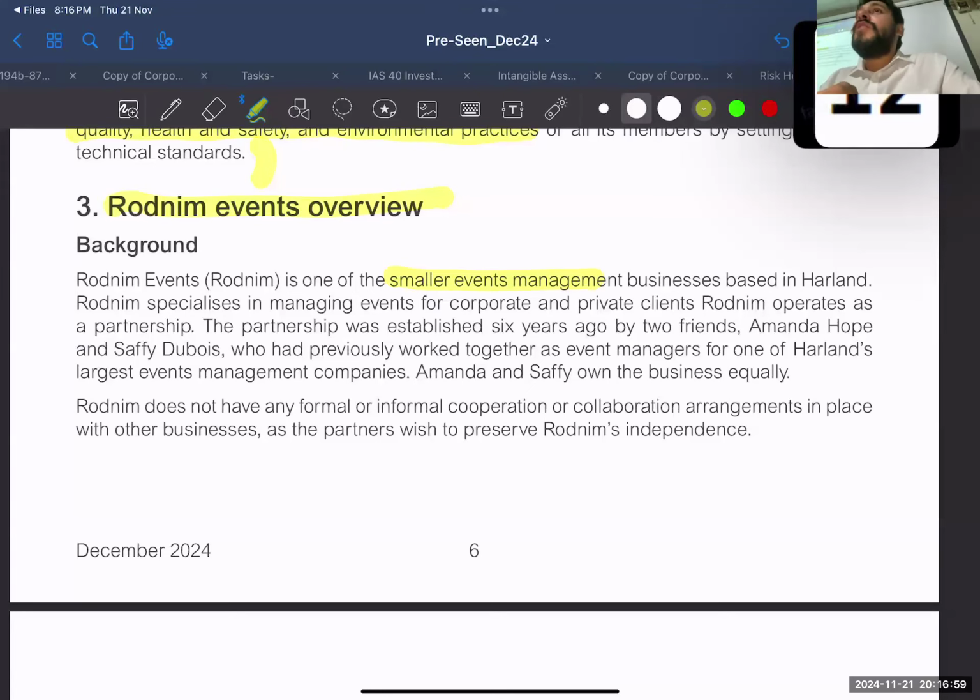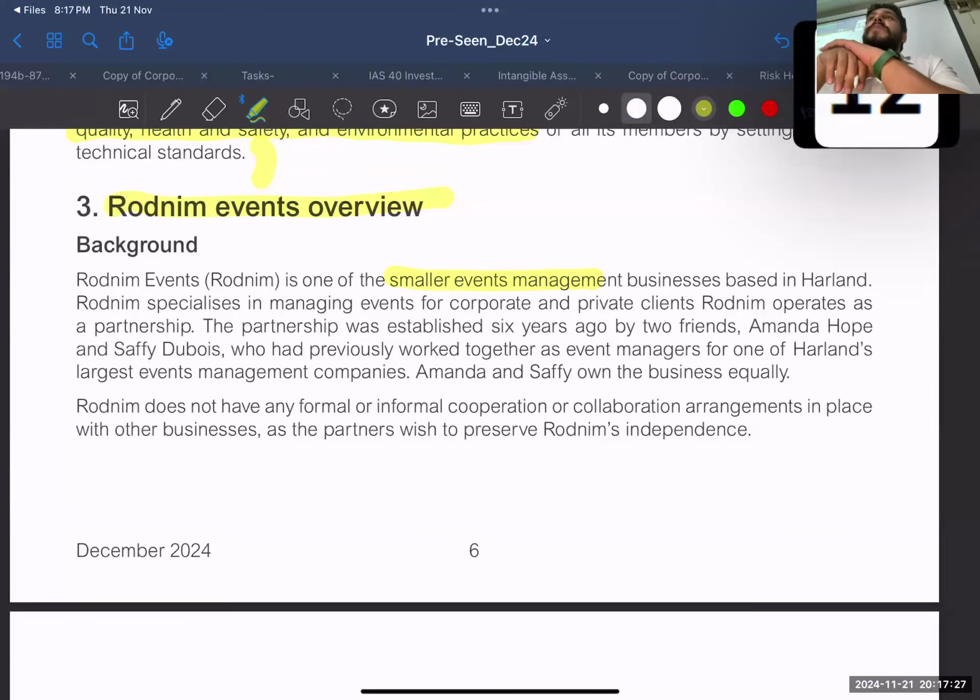Because we are a smaller company, there is a possibility, and I'm 110% sure, that he will ask you a question about evaluating a proposal shown in the exhibit of the paper, which states that the exhibit relates to a joint venture between the Rodnim and Sodnim company, maybe any other name.